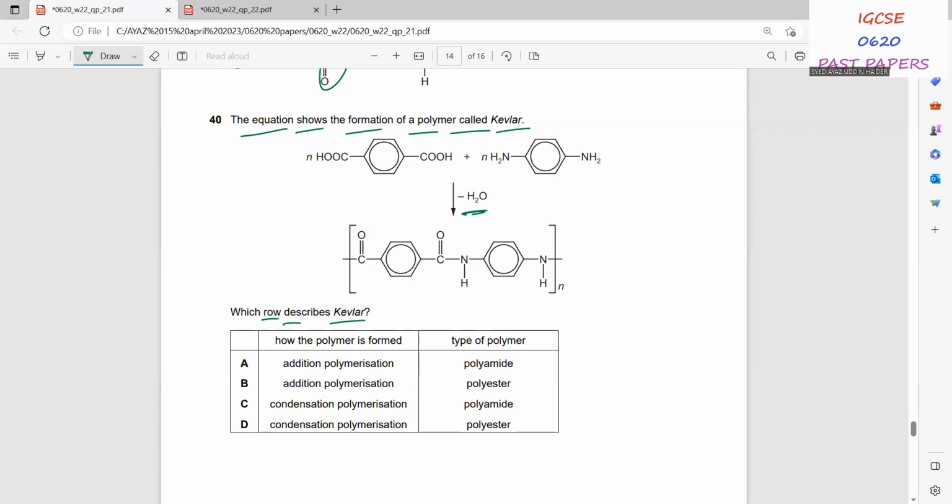There's a loss of water molecules, so it must be condensation polymerization. So either C is correct or D is correct. Both A and B are incorrect. The type of polymer we will find out by looking at the linkage. This is an amide linkage. So we have a polyamide. C will be the right answer here.